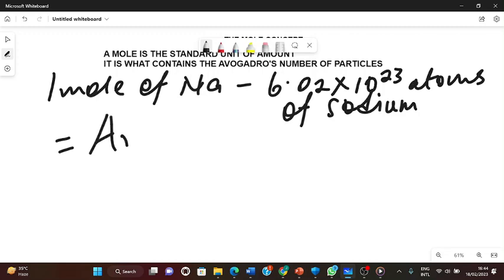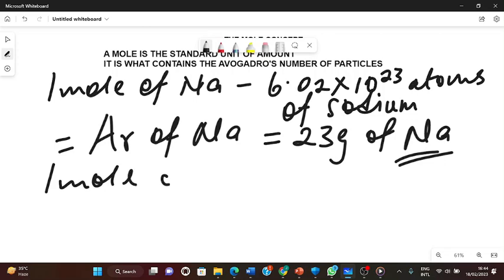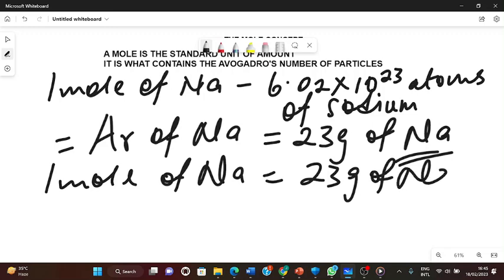The relative atomic mass of sodium, which is equal to 23 grams of sodium. That means 1 mole of sodium contains 23 grams of sodium, which is equivalent to the relative atomic mass of sodium as an element.